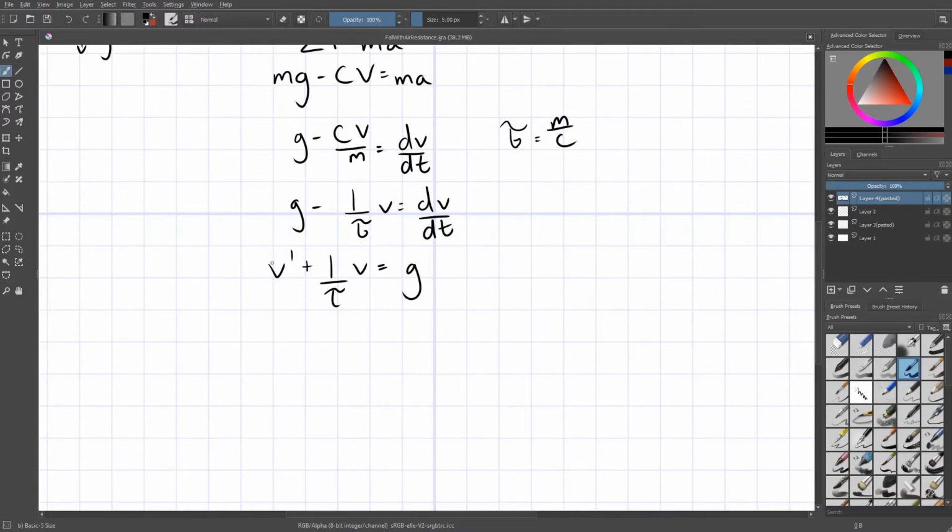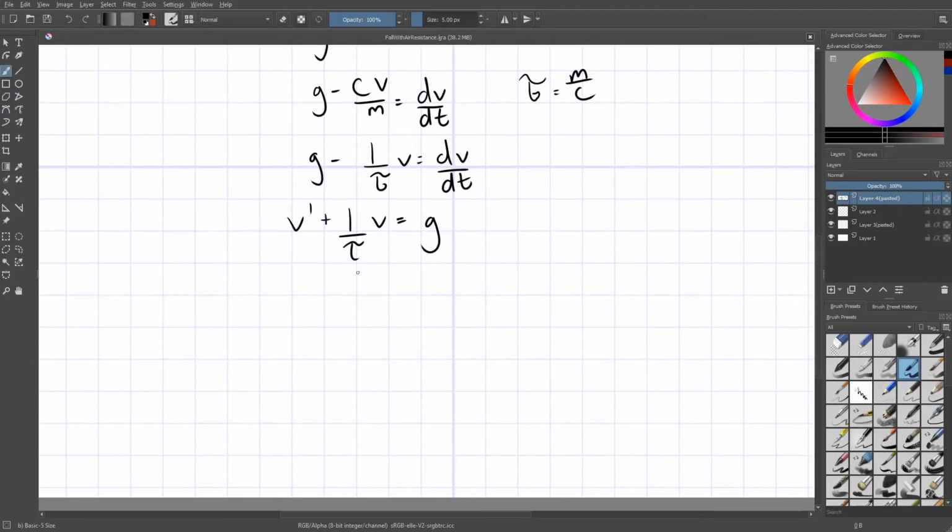And what you can see is that we have these v terms just multiplied by some constant terms, and therefore they are linear, as opposed to, say, a sine v appearing in the equation. Anyways.